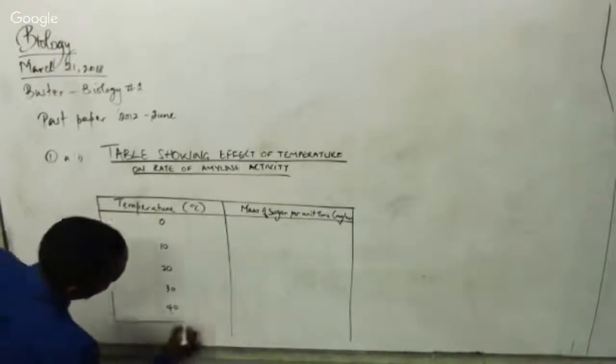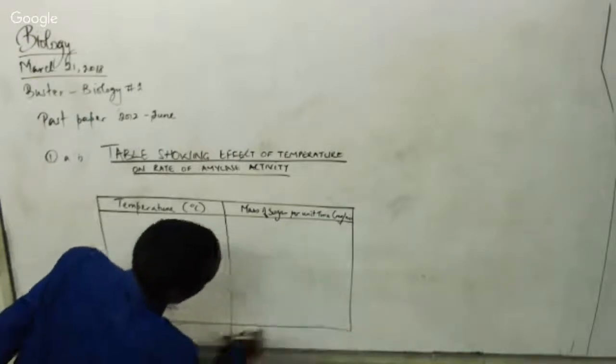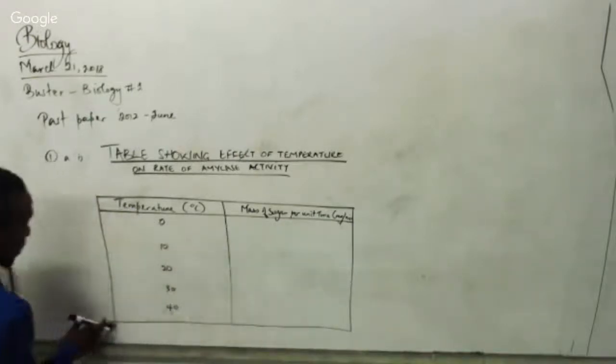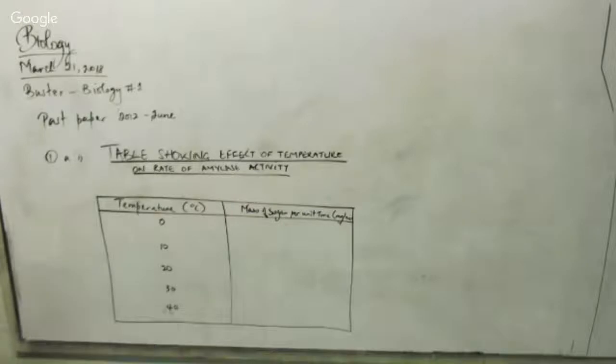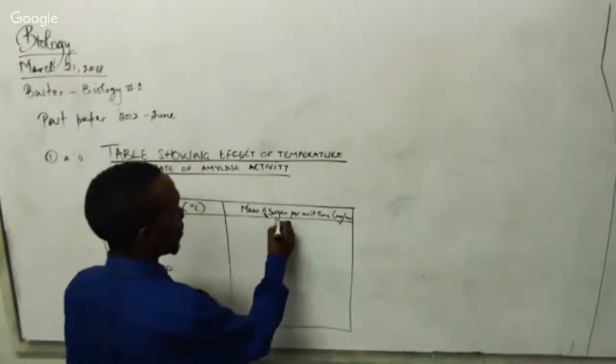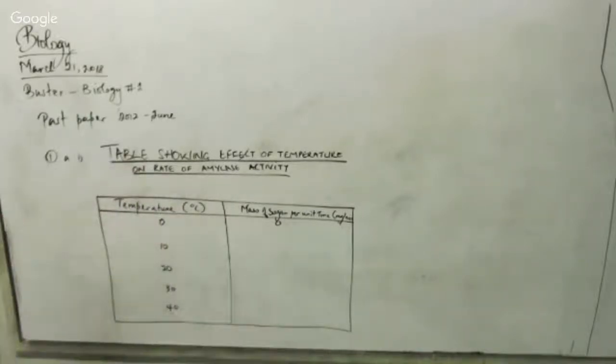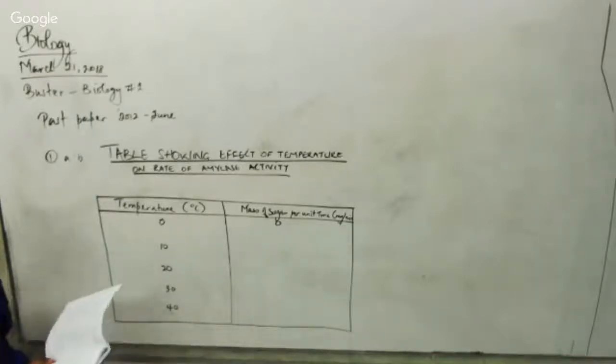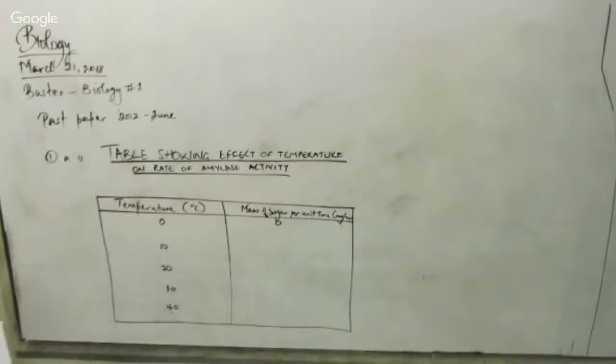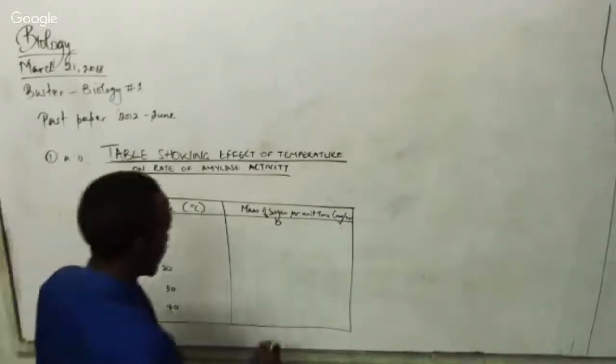Don't forget to close your table and make sure that it is neat. So at 0, the mass of sugar per unit time is also 0. At 10, what is the value? 12. Good.